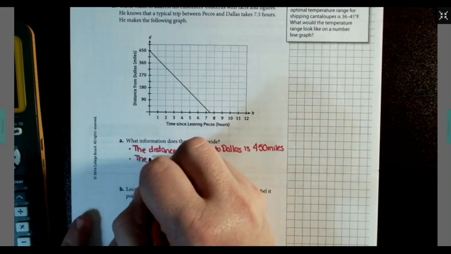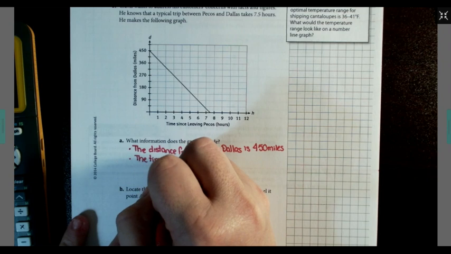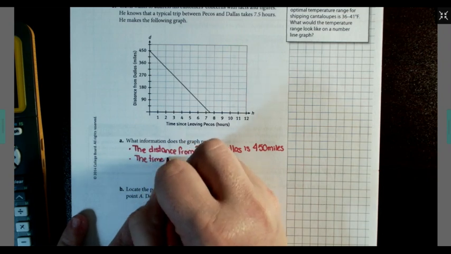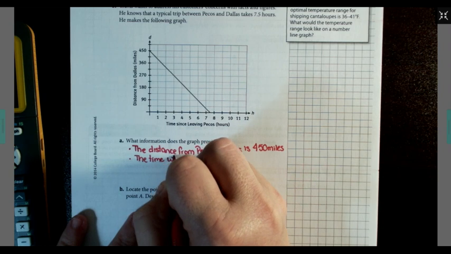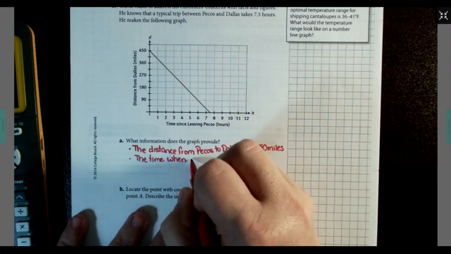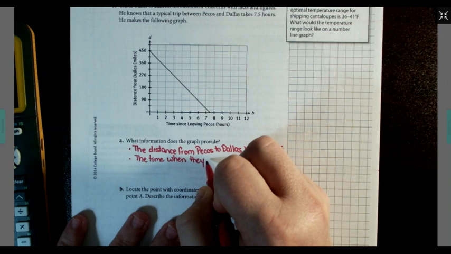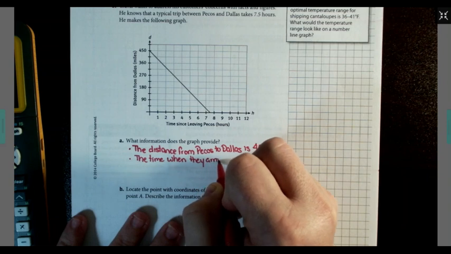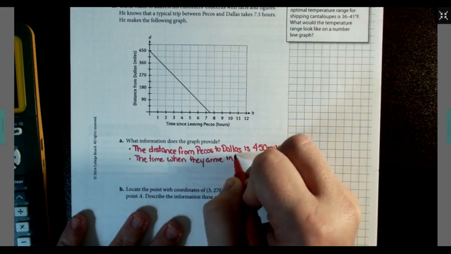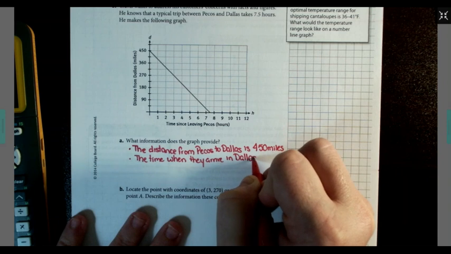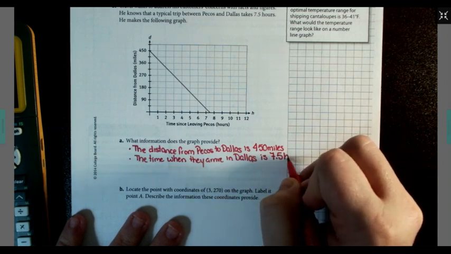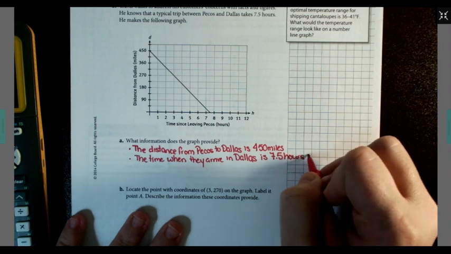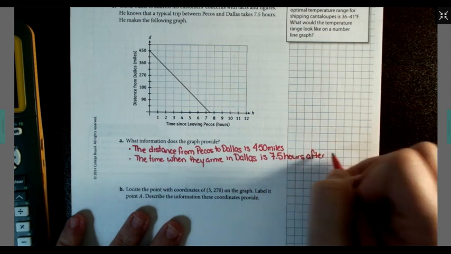I can see that the time when they arrive in Dallas is 7.5 hours after leaving.